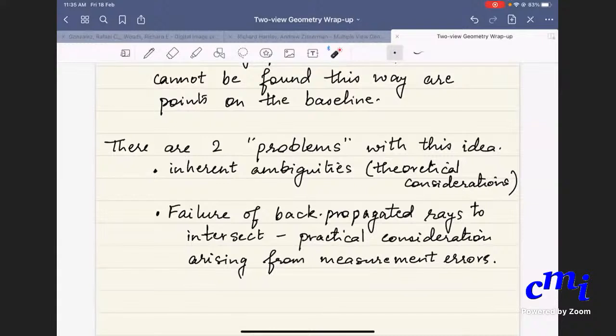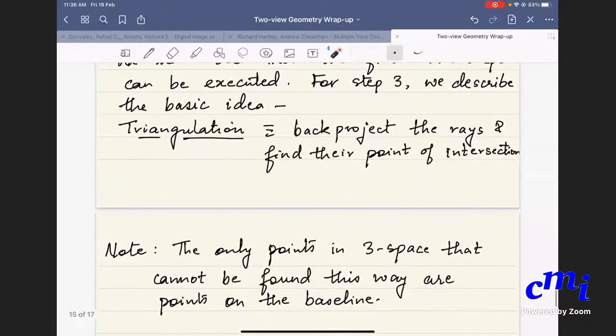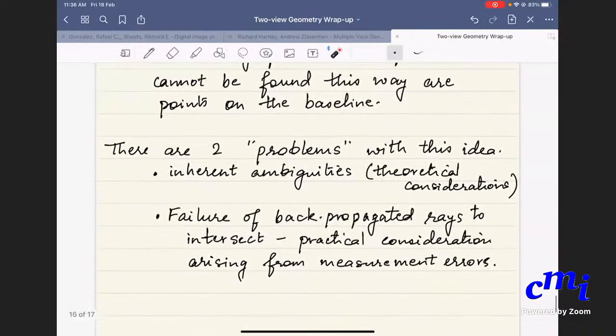That is another reason why you will most likely have rays that will not intersect. So the failure of back projected rays to intersect comes from these practical considerations: measurement errors and numerical rounding errors. Both kinds of errors cannot be ignored in real life situations. So even though this idea seems easy and idealistic, it doesn't work because of these reasons.